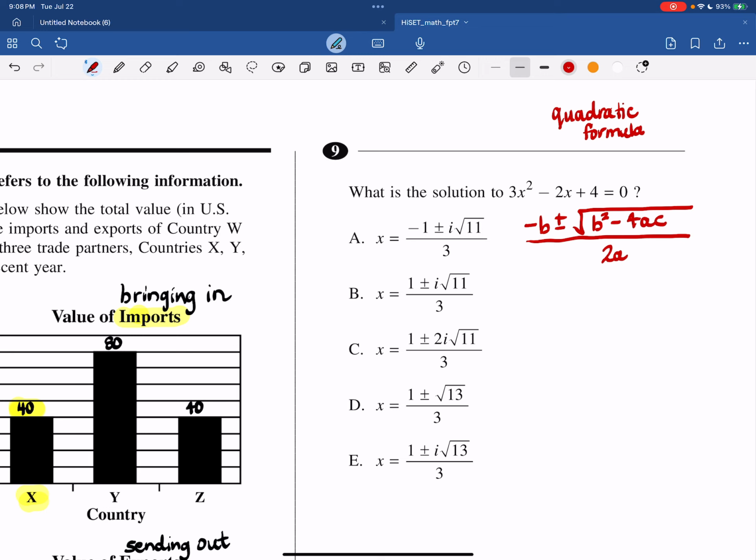And in this particular scenario, let me draw a box to put my variables in. I like a box because they don't get mixed up with the problem. A, the first value, is 3. That's the one with the x squared. B is negative 2, and C is 4. You would want to make sure that it's set equal to 0 before you start doing the math.